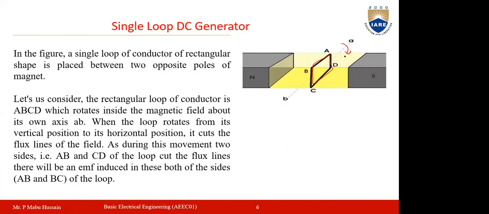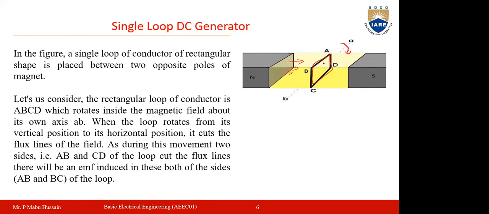After 90 degrees rotation, it will come in horizontal position. While moving from vertical to horizontal position, it links with the flux between the north and south poles, or cuts the magnetic flux. In such a case, EMF will be induced across the two conductors, AB and CD, and if there is a closed path, because of that EMF, current will flow.